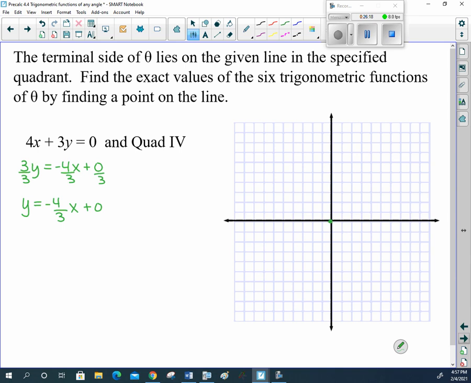I'm going to go down 4, 1, 2, 3, 4, over 3, down 4, over 3. I'm going to go up 4, 1, 2, 3, 4, left 3. Okay, so here's my line. Whoops, that's not very straight.